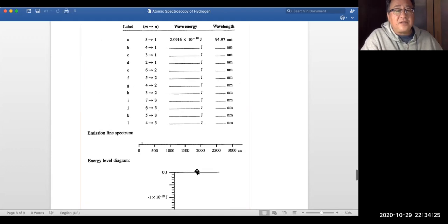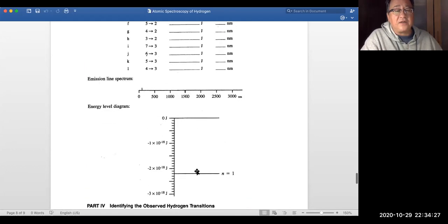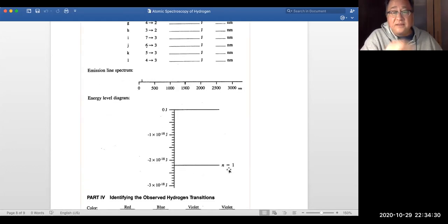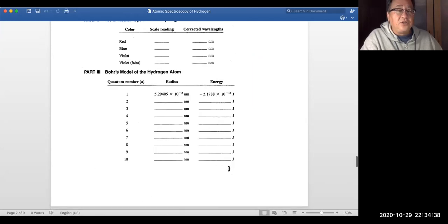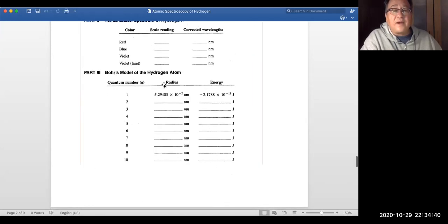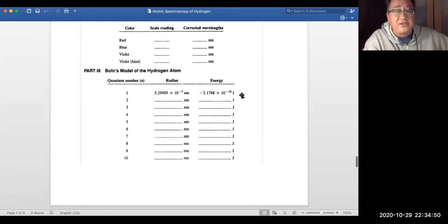And then for the energy level diagram, if you take a look here, we have n equal 1. Where did that bar come from? Well, for that, we have to go all the way back up here to the quantum number, radius, and energy. So do you see that energy of minus 2.1788 times 10 to the minus 18 joules? We'll say minus 2.2 times 10 to the minus 18 joules.